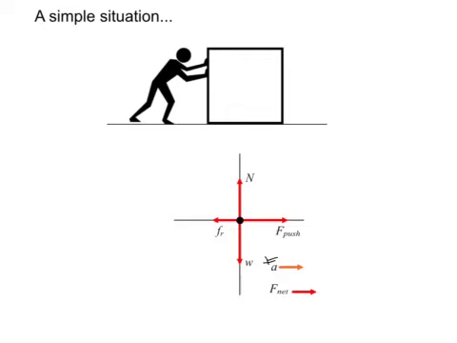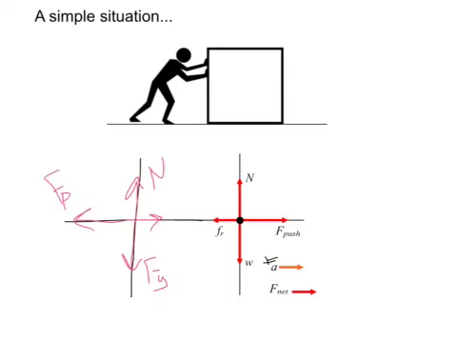If, say, the push were in the opposite direction, so we have our weight here, we have our normal force here, and here's our push and here's our friction, in that case our net force would be in the opposite direction, to the left, and our acceleration would also be to the left and would be a negative acceleration.